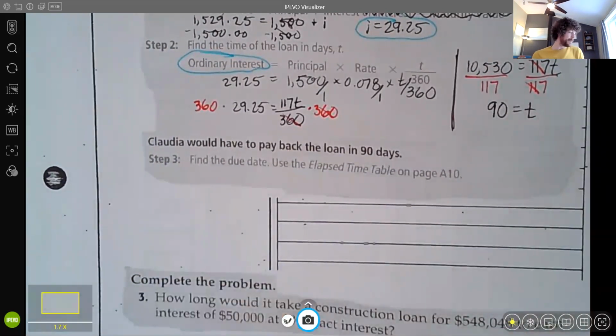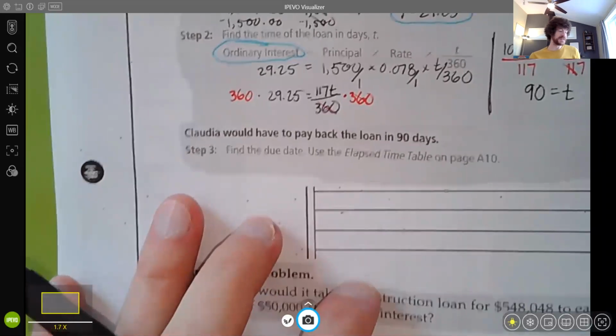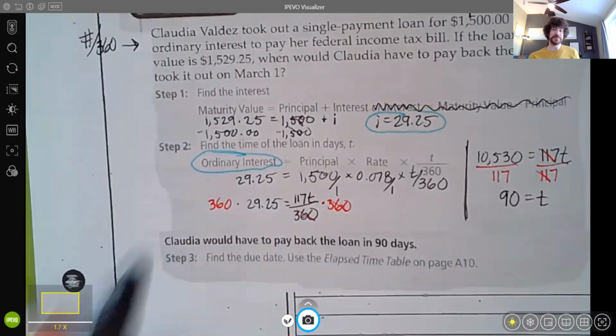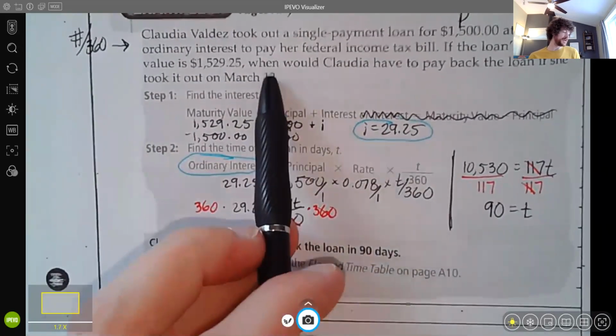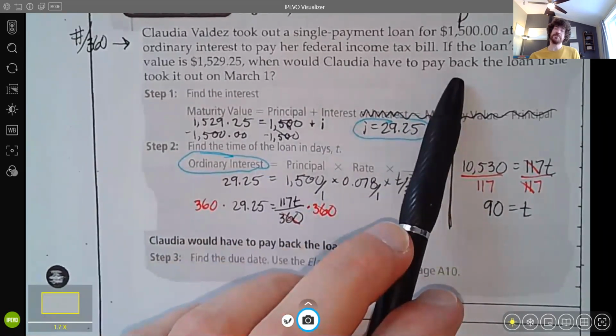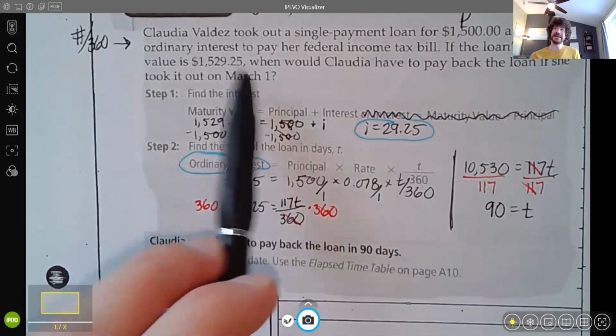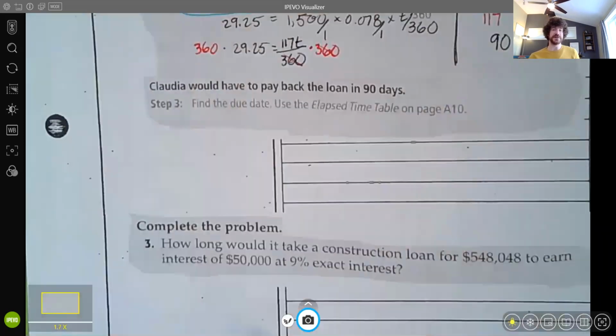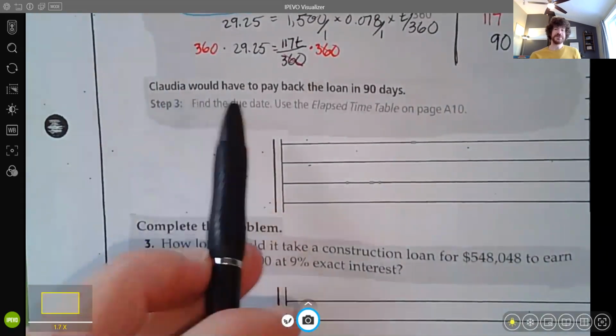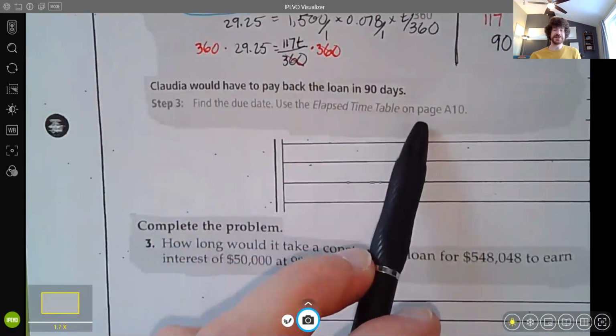Great. Well, when is that? Because 90 days is important, but it says, when would she have to pay it back? So we have to figure out what date it is. So this says here, find the due date, use the elapsed time table on page A110.